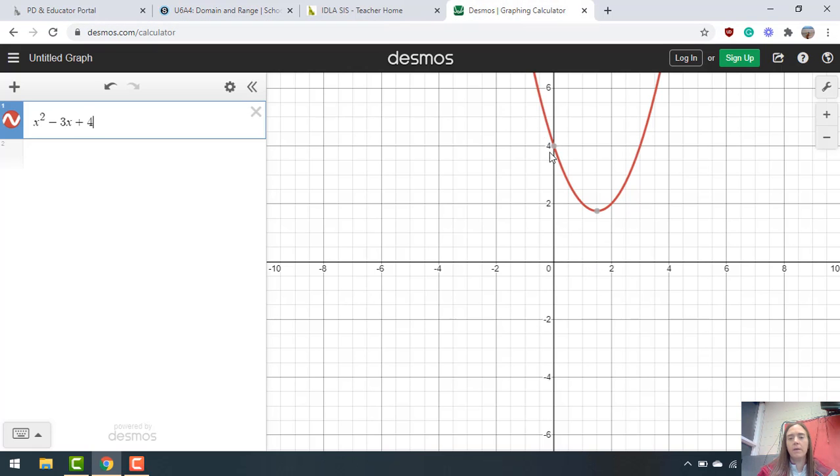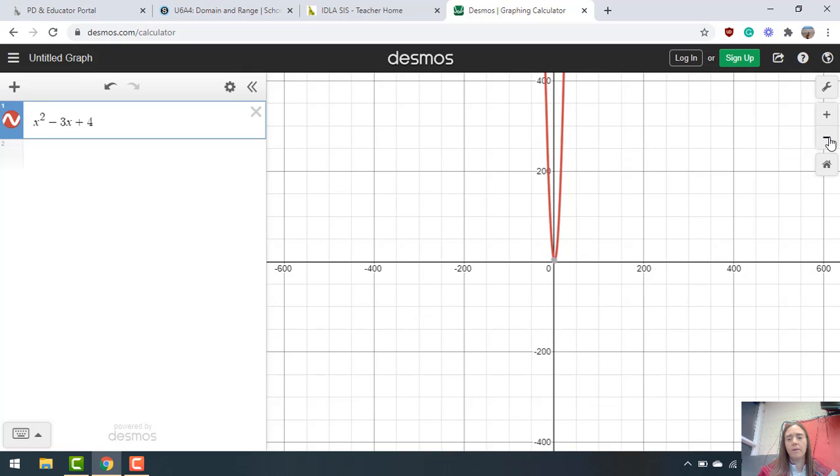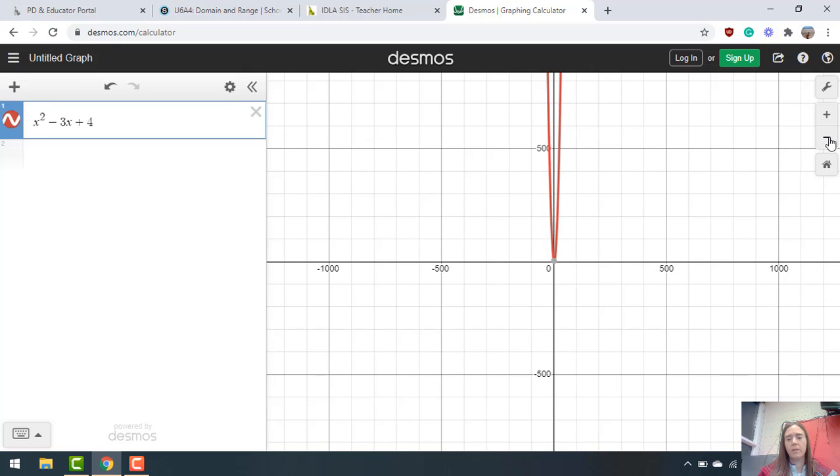You can see, anytime you have this kind of shape, it's called a parabola, which you don't have to remember right now, but that's what the U shape is called. Your domain is going to be all real numbers, because that could continue going. Like if I zoom out on my graph, it's going to keep going, and even though it looks like it's not going to get to all these numbers, it would eventually.